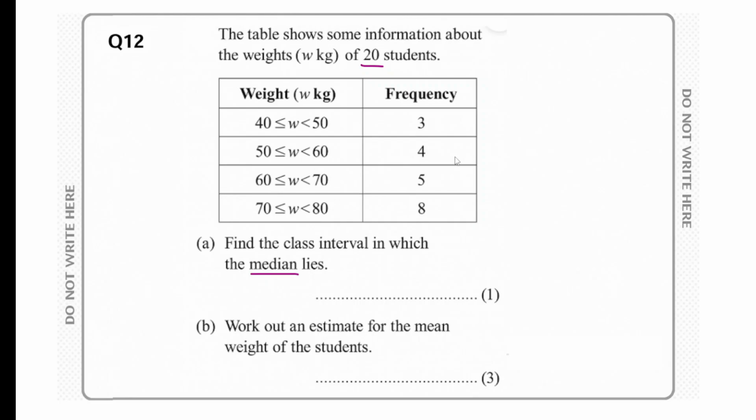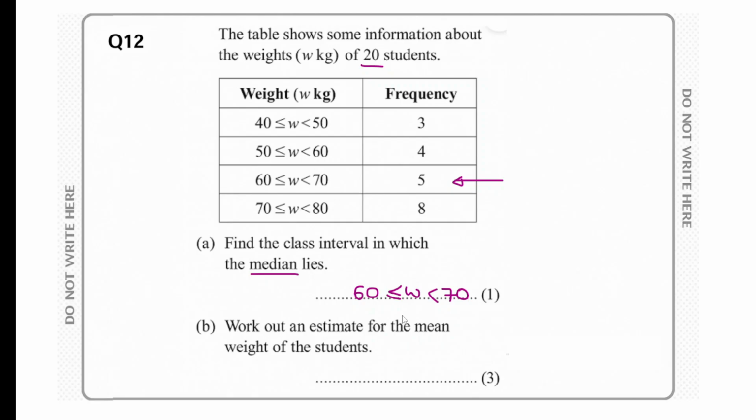So that's 7 students up to here. Then the 8th student, 9th, 10th, all of those students are here in this group. So we know the median lies in this one. So the answer is 60 to 70. That one is for only 1 mark.